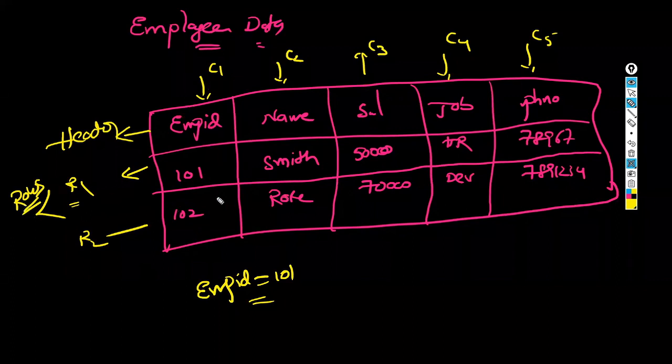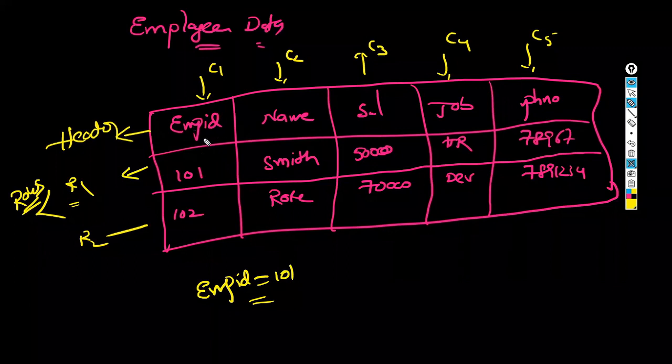Then what about the columns? Columns also contain data, but the columns always indicate a single item or multiple items of data. For example, you want to display all the employee IDs. In that situation, which one do I need to select? I need to select the columns, right?